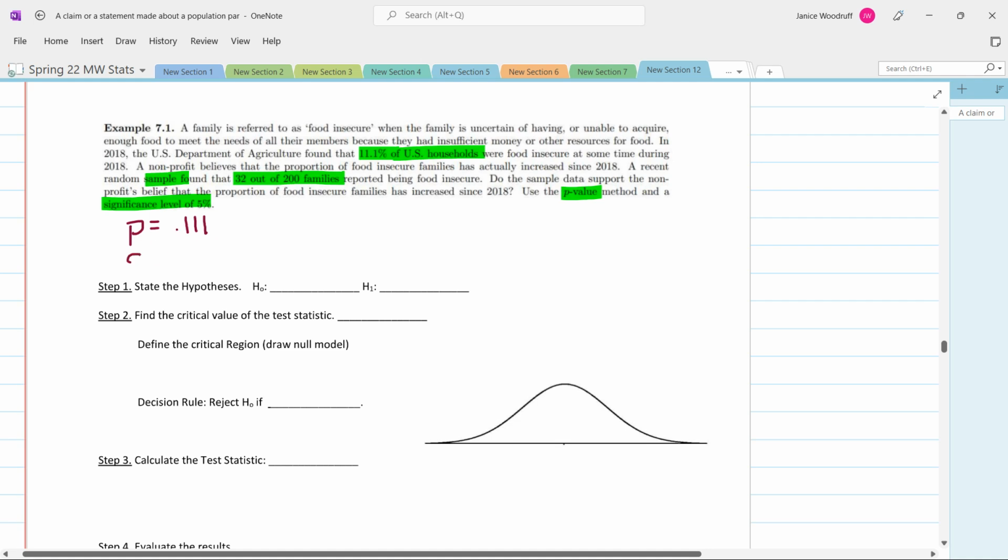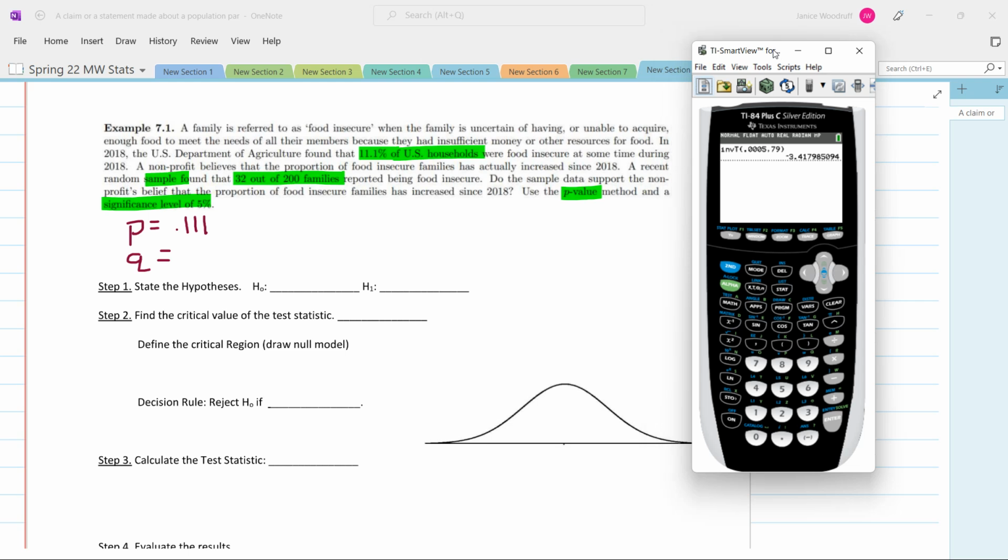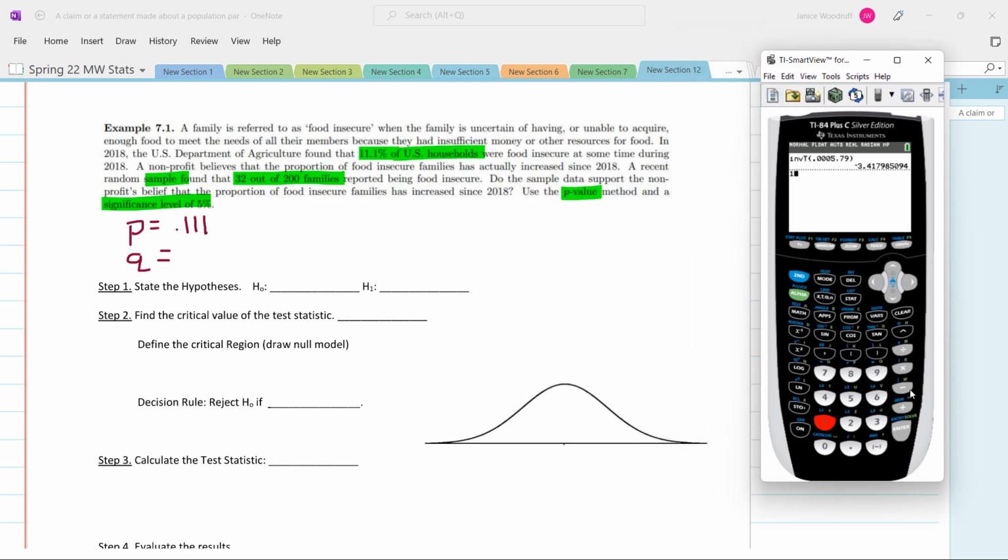If your p is 0.111, your q is going to be 0.889. Let me pull my calculator up. So 1 minus 0.111 gives you 0.889.